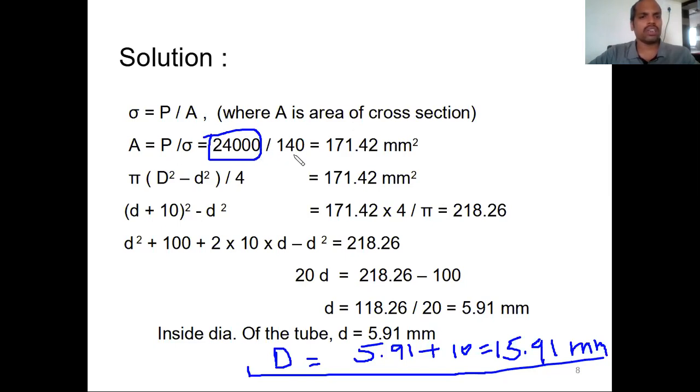We don't need any other parameters. Just the simple equation, stress is equal to P by A. P is known to you, sigma is given, calculate the area, and thickness is already given. That's all. We don't need initial length, we don't need strain, we don't need Young's modulus. All these are additional data.